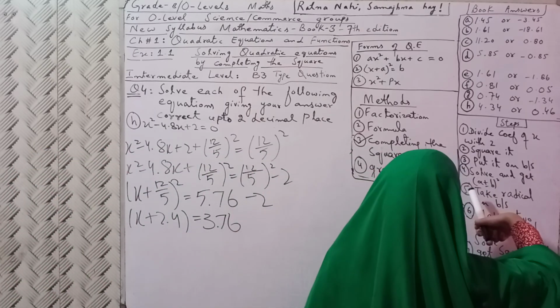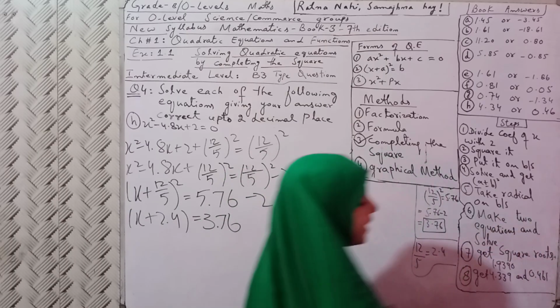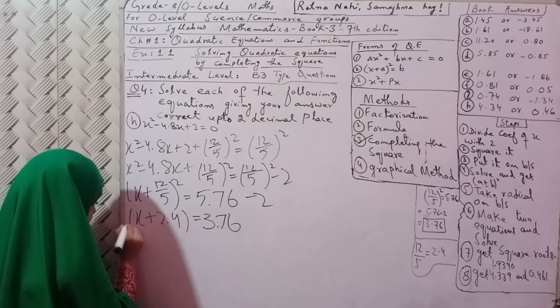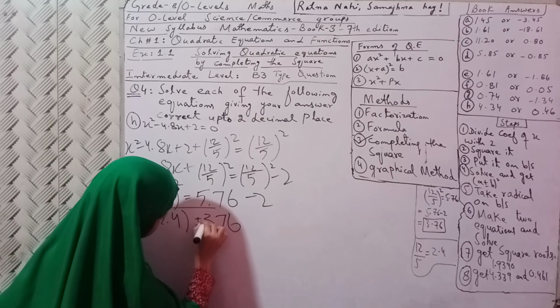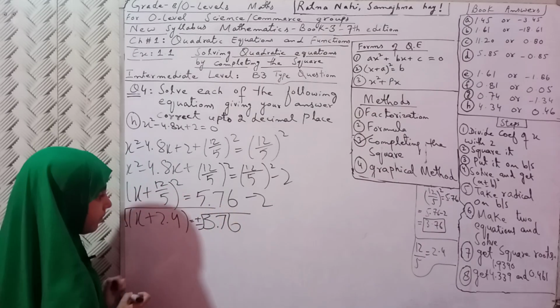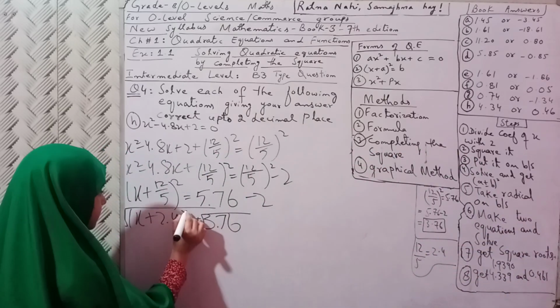Now, then take a radical on both sides. Then make two equations.